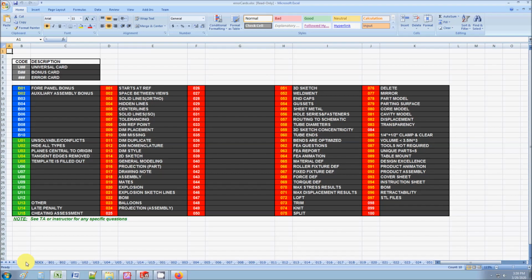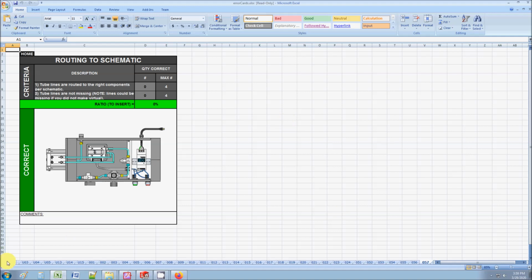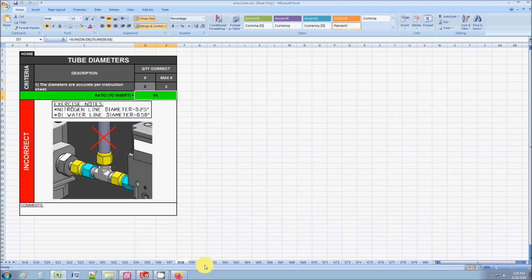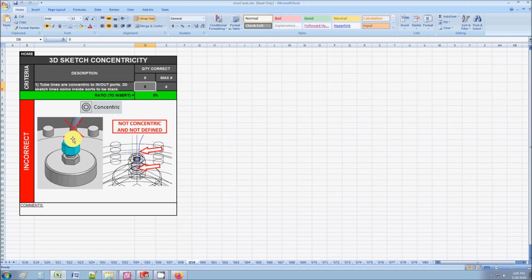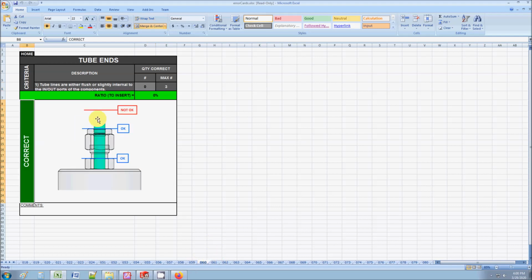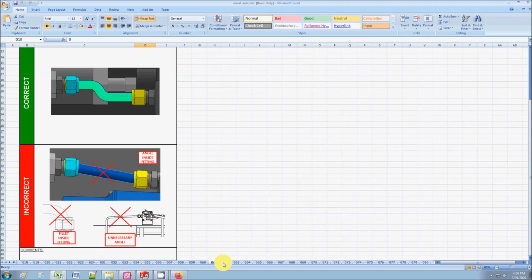So to get the hyperlinks, you gotta go to the home, and you gotta type in 57. So you can read through these, but it's pretty much just what I already talked about. Okay, so make sure that it matches the schematic, make sure the diameters are okay, make sure the concentricity is okay, make sure the tube goes inside the fitting, make sure the flow looks okay, that it's realistic, and that's really what I'm looking for with it.